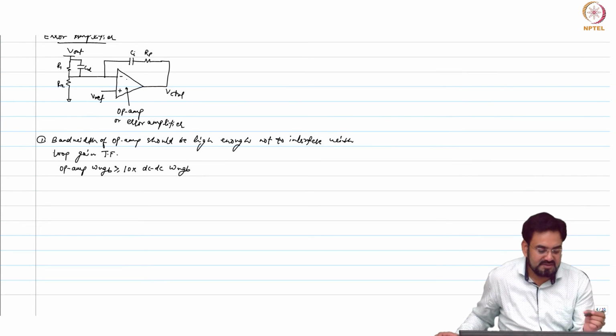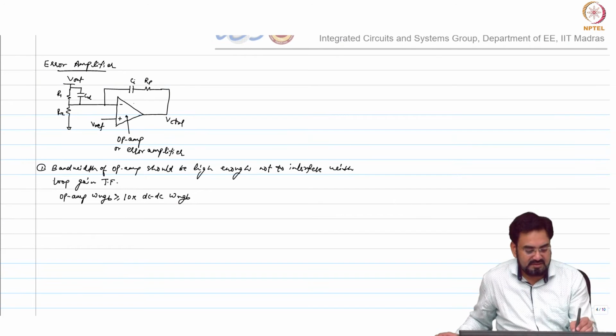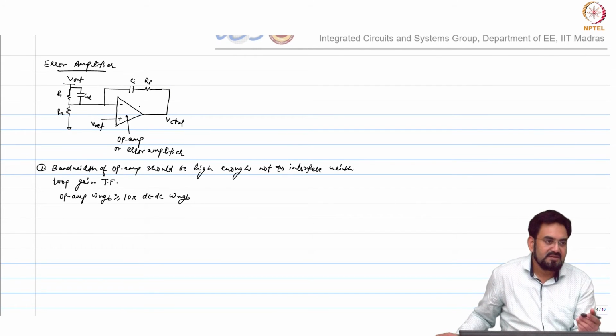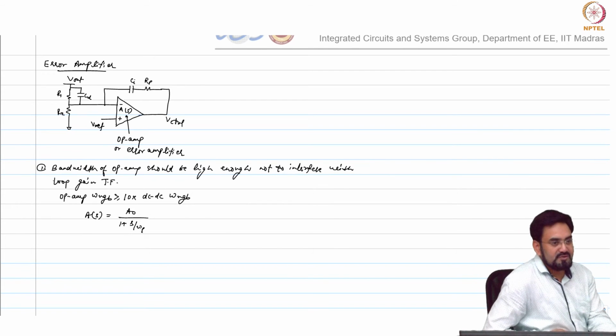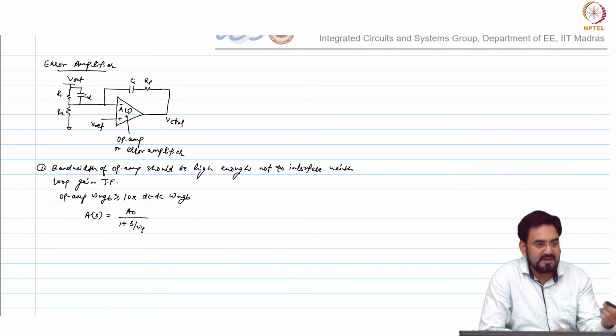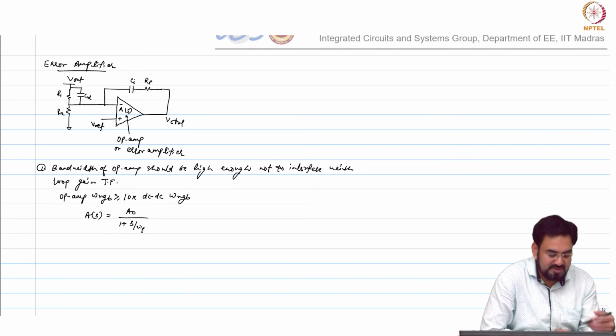If you want a first order approximation, you can just replace this op amp transfer function with the first order. So if this is A(s), then A(s) equals A naught over 1 plus s over omega p. Okay, so omega p will be the 3 dB frequency. So UGB of the op amp will be A naught times omega p.